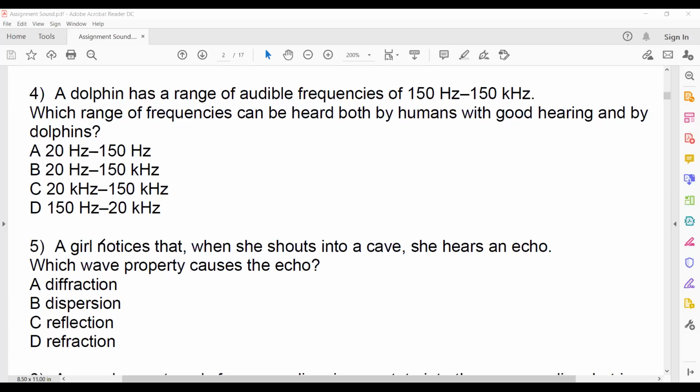Question 5. What's the answer? So reflection of the sound produces an echo.